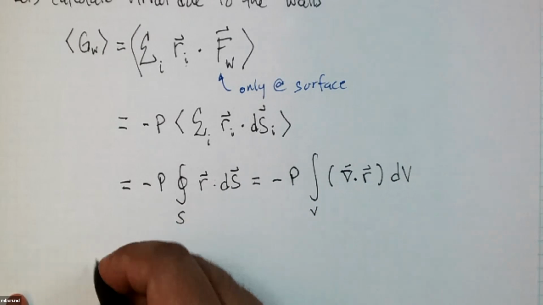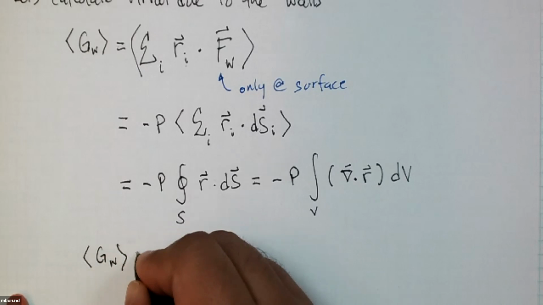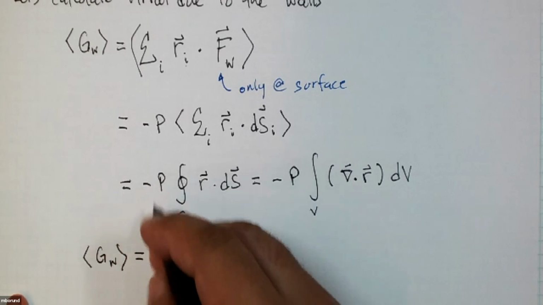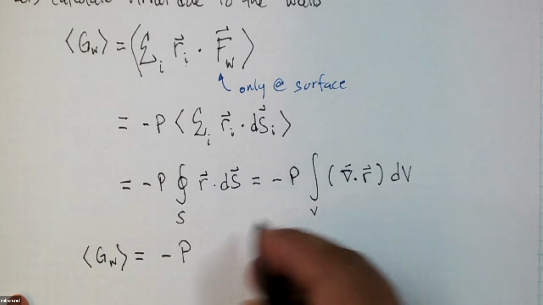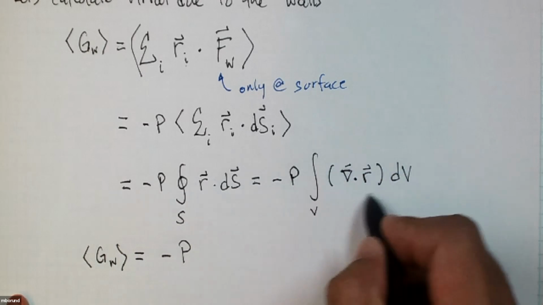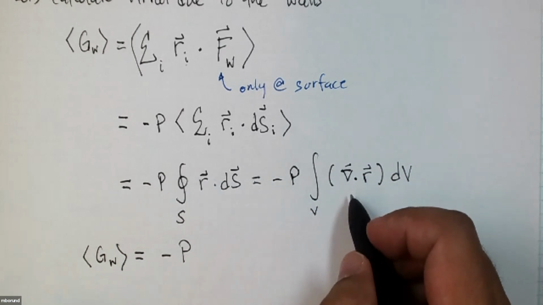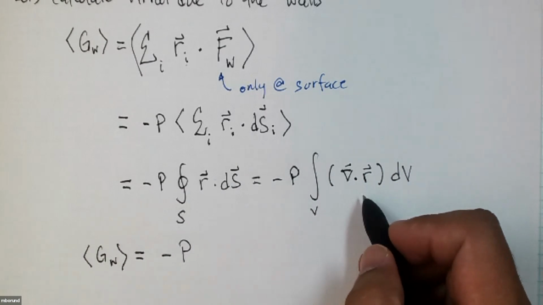So that means that the virial from the wall is going to give me negative pressure, and then an integral over the whole volume. This is in 3 dimensions, right? So here, there's 3 dimensions. That's why I'm taking this divergence.